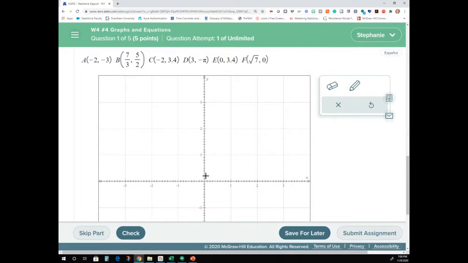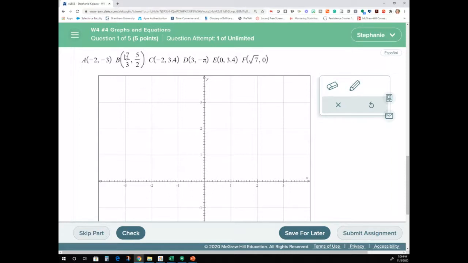I've got 1, 2, 3, 4, 5, 6, 7, 8, 9, and then to get to 1, it's 10. So that means there's 10 divisions, so I'm counting by tenths. So every little tiny line here, we call them tick marks. Every tick mark is worth 0.1.